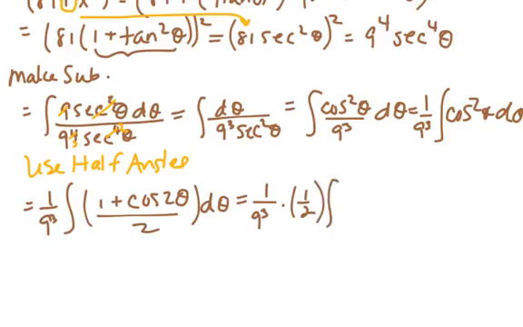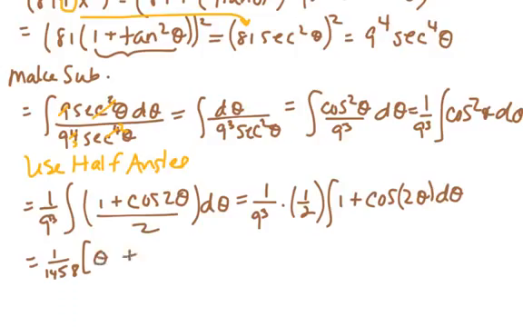And what remains then is just 1 plus cosine of 2 theta d theta. Okay, so that's easily integrated, and I'm left with the constant multiplied out is 1458, and the antiderivative of 1 is just theta, and the antiderivative of cosine 2 theta is sine 2 theta over 2.